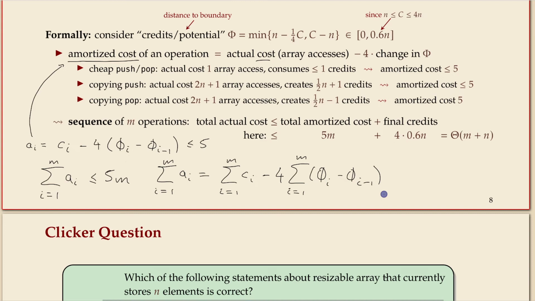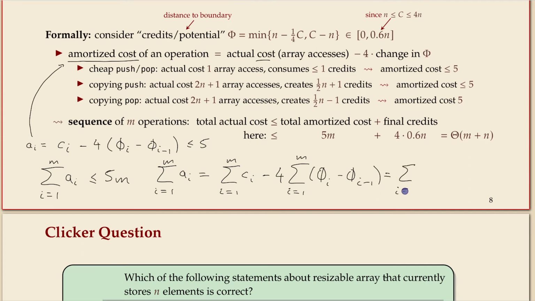And if you look at this sum, this is a telescoping sum. Each term we have a phi_i positive, but then if you go to the next i, where i is i plus 1, you subtract phi_i again, because for i plus 1, i minus 1 is i again. And so these all cancel each other. The only thing that's left is the very first and last one.